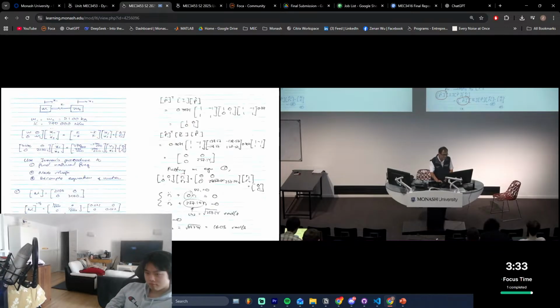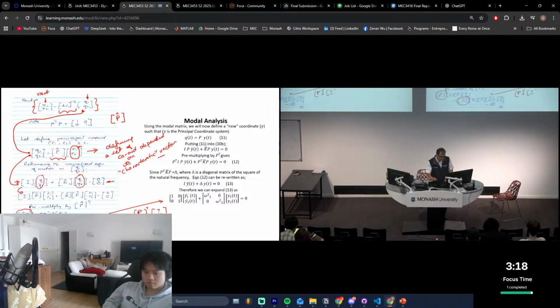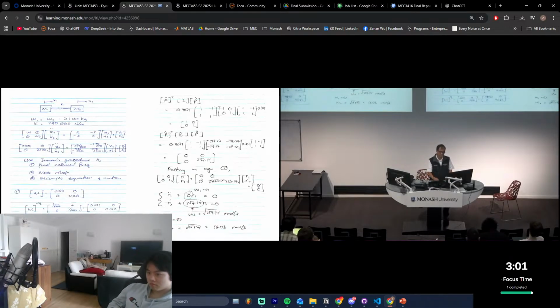When you do this, you will end up with a system equation that looks something like this, because this will be equal to the identity matrix, and this pre-multiplication here will give you omega 1 squared 0 0 omega 2 squared.